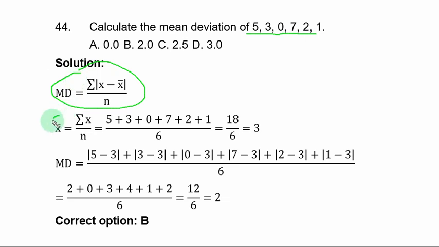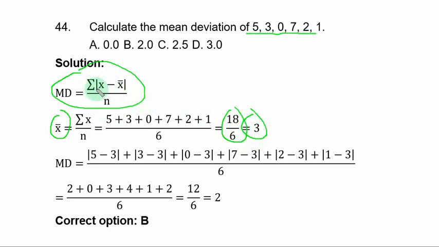So we need x bar first, and x bar is the summation of all the data divided by the number of times the data occur. If you add all the data and they are 6 in number, you have 18 divided by 6, and that gives 3 as the mean.